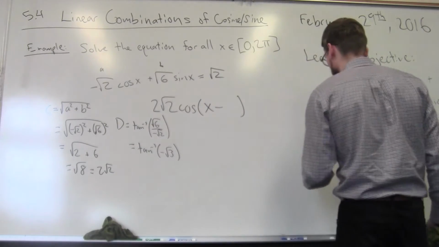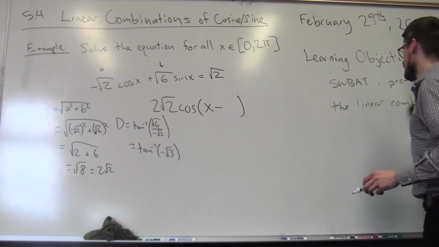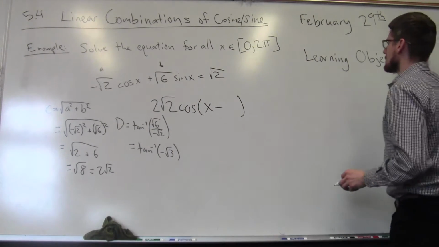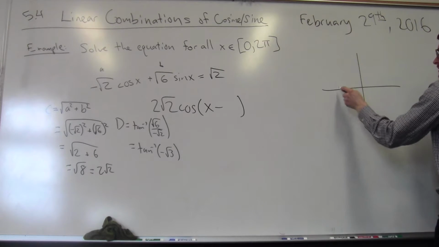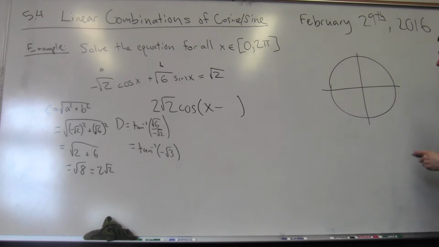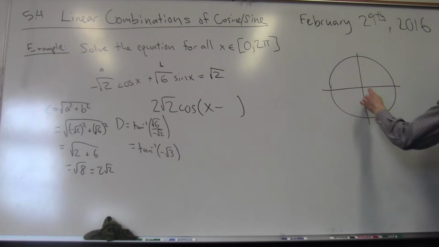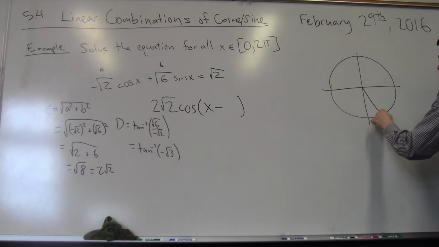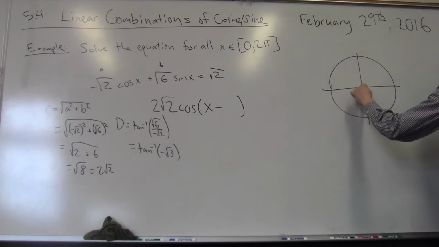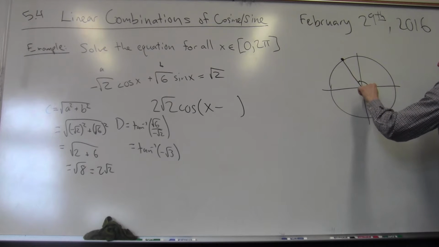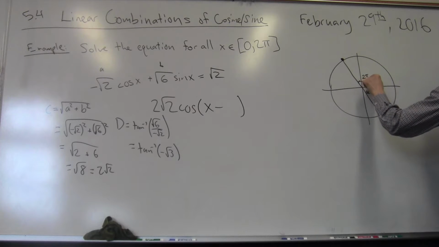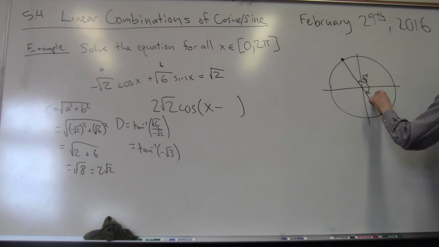So I'm going to draw a picture over here to show the possibilities for that angle. The tangent is equal to negative square root 3 at this angle and at this angle. This one is 2 pi over 3, and this one is negative pi over 3.